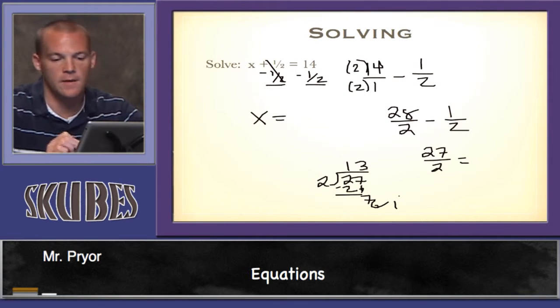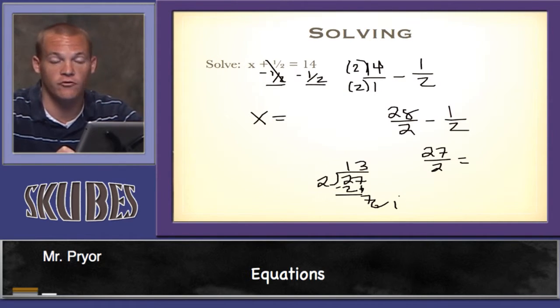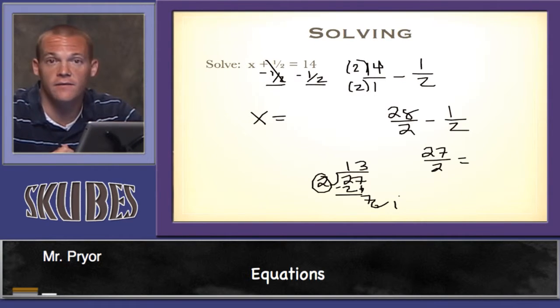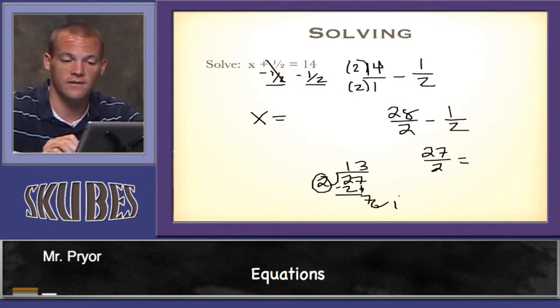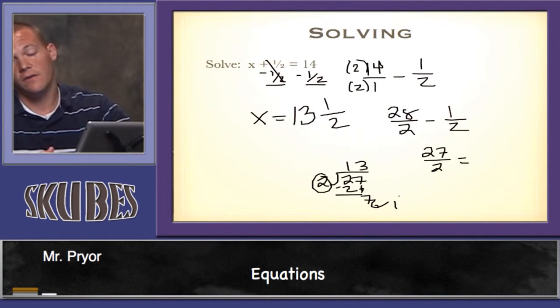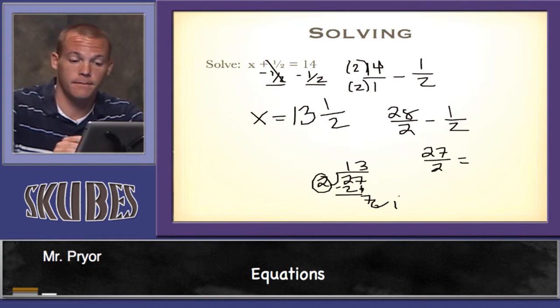So when you're setting up your mixed number, that leftover remainder becomes your numerator. The original dividing number is going to be your denominator. So you end up with 13 and 1/2 as your answer. Of course, if your teacher wants you to leave it improper, you can always do that, which would simply be 27 over 2.